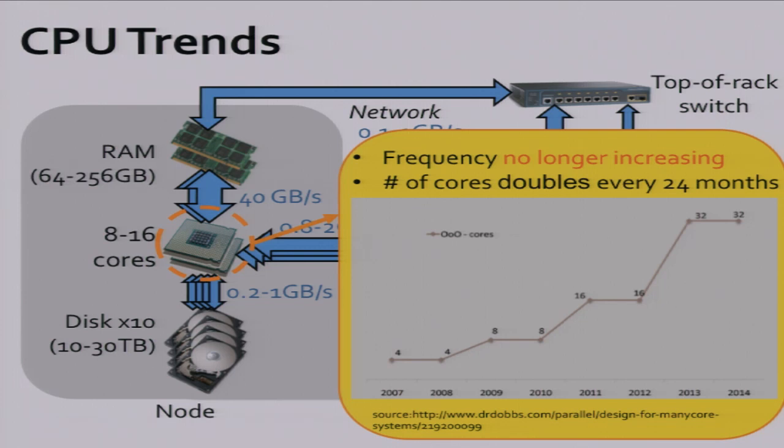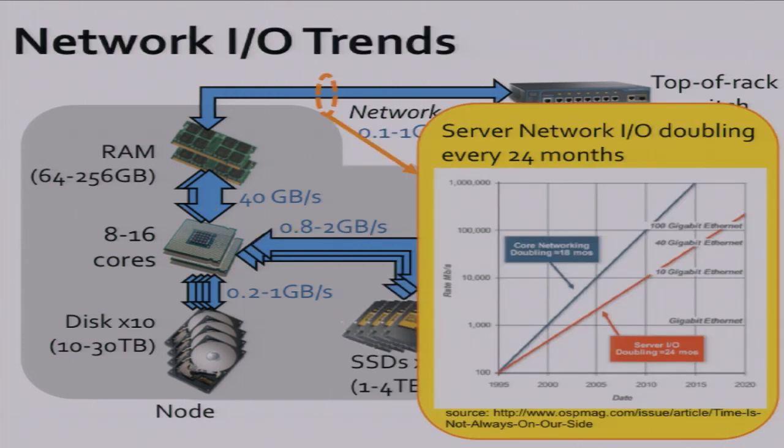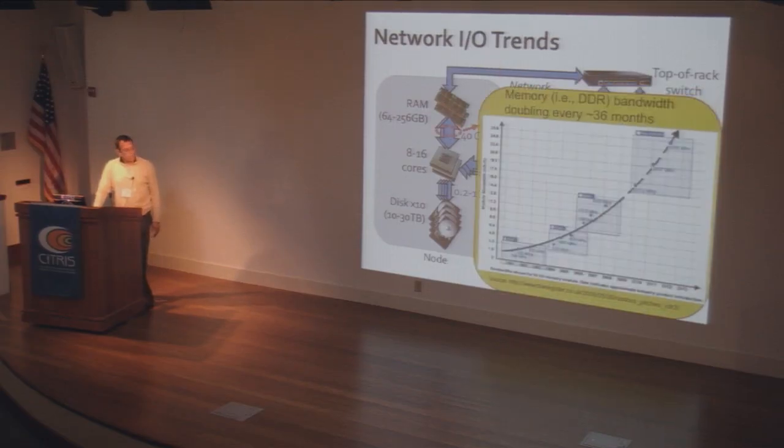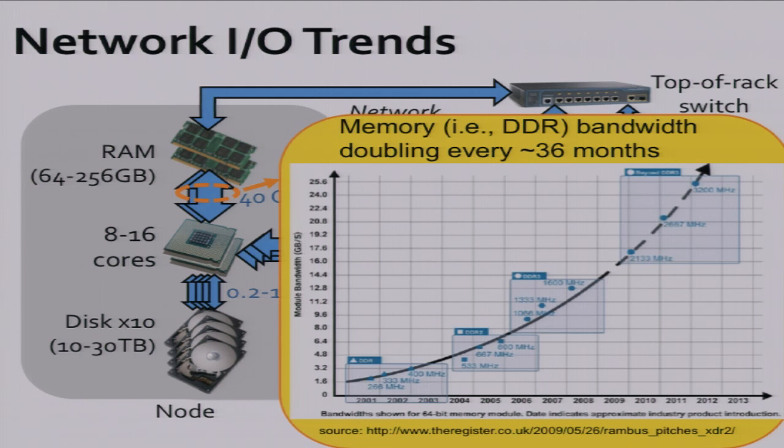And now let's take a look at the transfer rates. The network I/O is doubling every 24 months. In this plot, you see this red line, which represents the network I/O trend over the years. The memory bandwidth, assuming here I am looking at DDR memory, is doubling every 36 months.